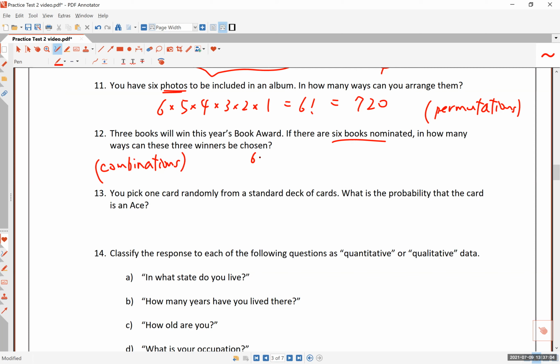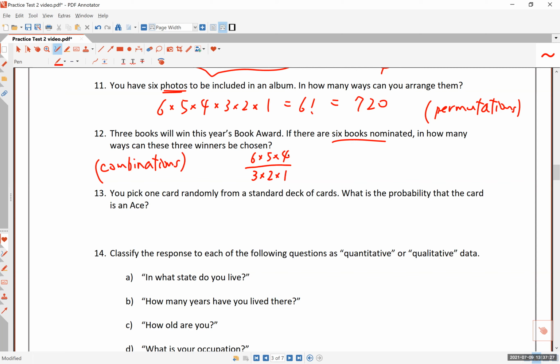And so if the order were important, then you would be choosing 6 times 5 times 4. That's 120 different ways to choose 3 books in a particular order. Okay, there are 120 different orderings of choosing 3 out of 6 books. But remember, the order is not important.